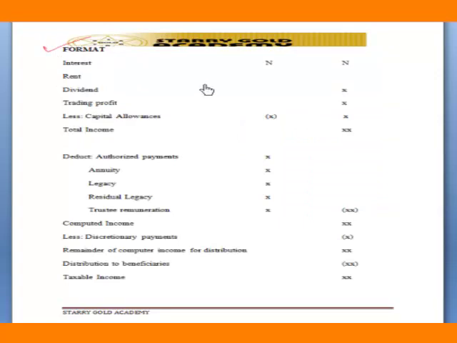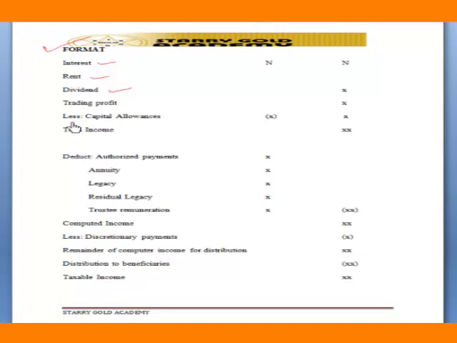Okay? So, let's look at the format. Here we have the format for taxation of these persons. First, you bring in the interest, the rent, the dividend, taxable profits, and deduct the rest of that. You need to understand this, because we're going to have a question and answer session where questions will come up on this topic and will be dealt with using this format.